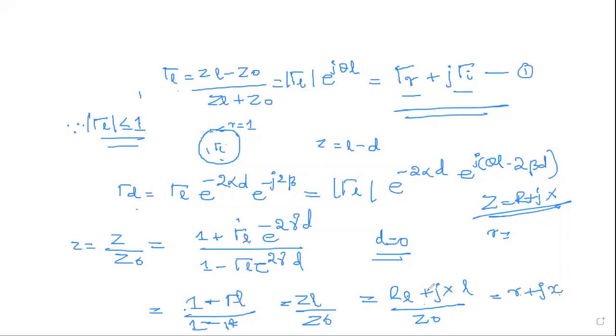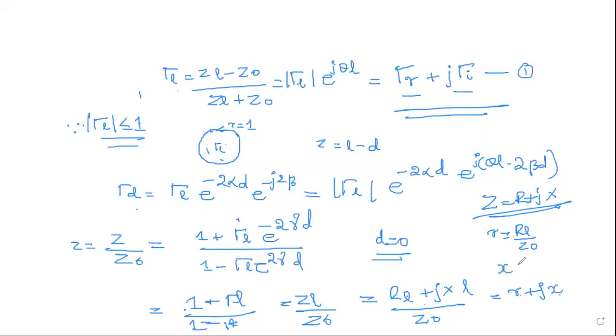What is r from this equation? RL by Z naught. That will be your real normalized resistance value.